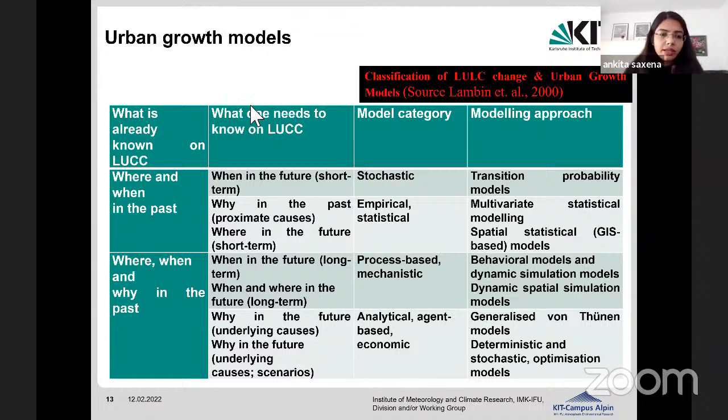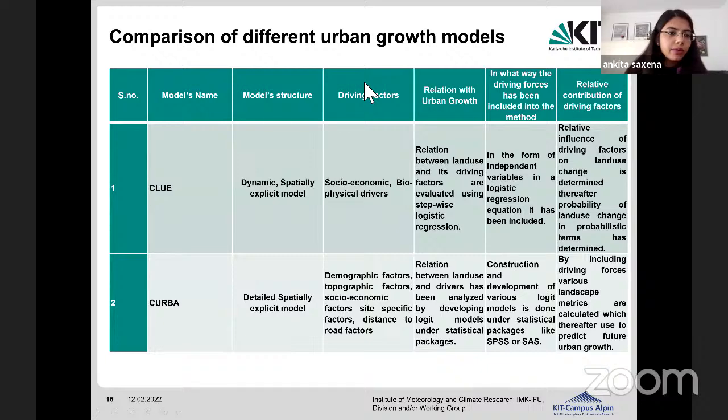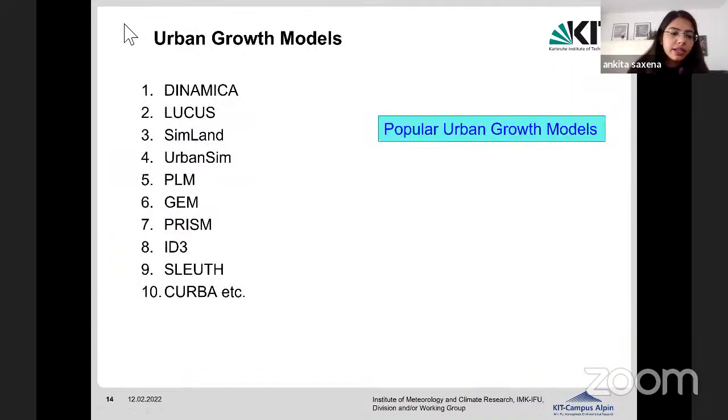So probabilistic methods are fine for urban growth type of phenomena. And we have different models using those modeling approaches, like I have discussed, cellular automata, agent-based, and other approaches.